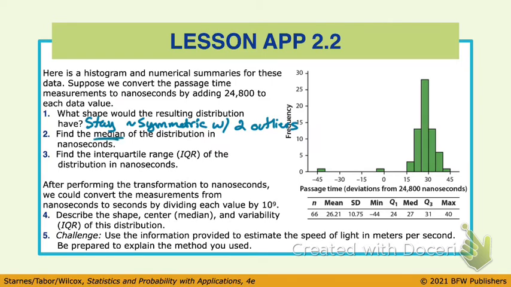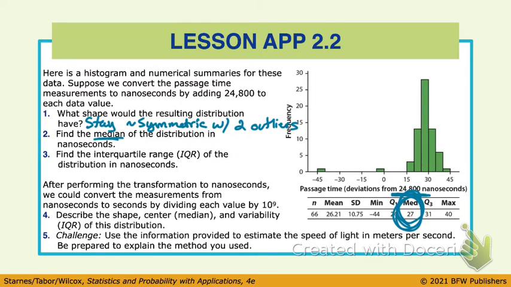The median in nanoseconds. So I'm going to find the median here. This original median is 27, and I need to convert that from deviations to actual nanoseconds. So all we're going to do here is add the 24,800 to this number. So the median, when we do addition, it actually does get the addition.